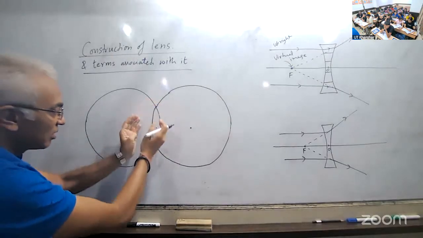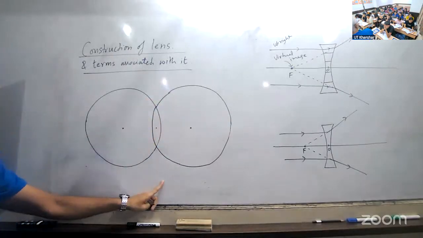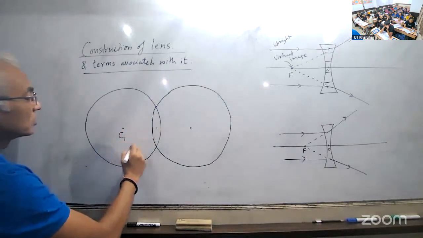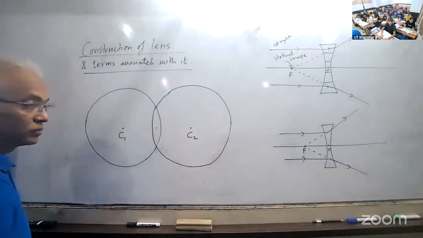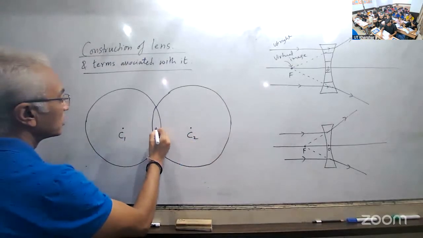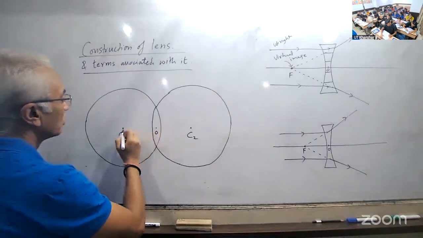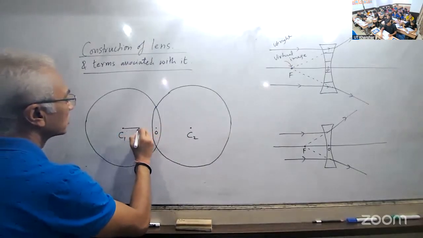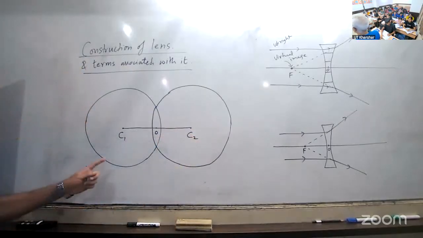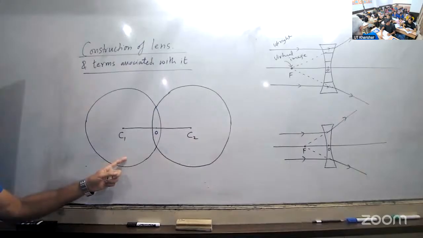So the lens is carved out of these two solid spheres. So it has two centers of curvature, C1 and C2. And this is the center of the lens, which we'll call the optical center. So the line that passes through both the centers of curvature is the principal axis.